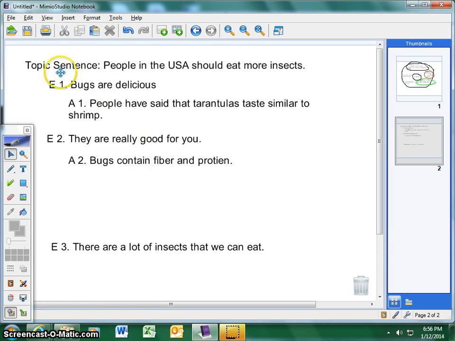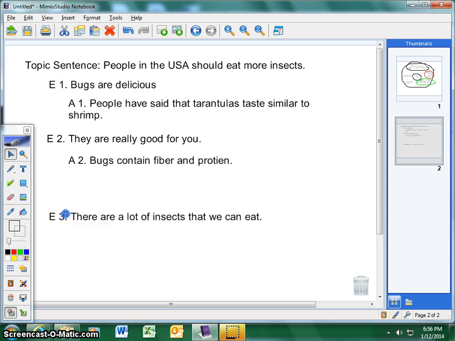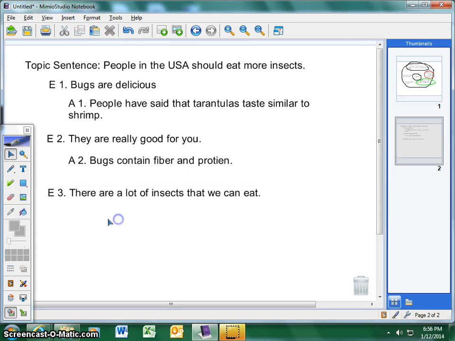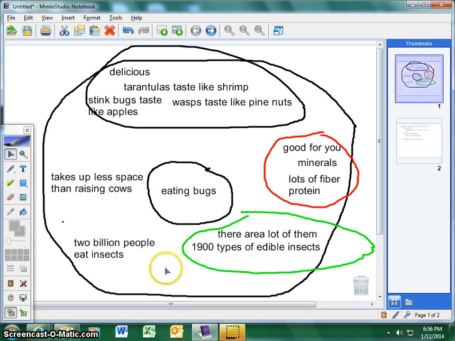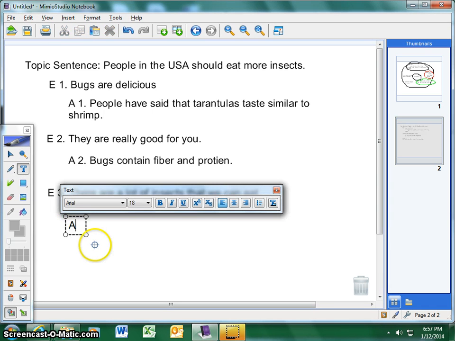Okay, we've got evidence 1, analysis, evidence 2, analysis, and last but not least, evidence 3. There are lots of them, so this says 1900 types of edible insects. So I'm going to say that a little bit of a different way. So A3.